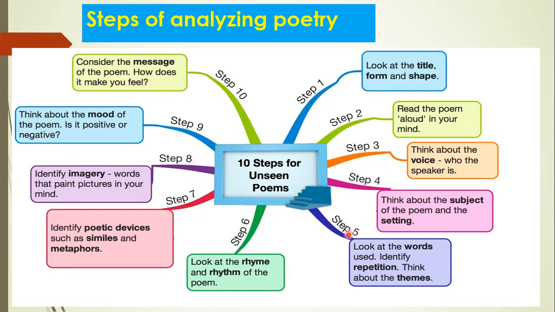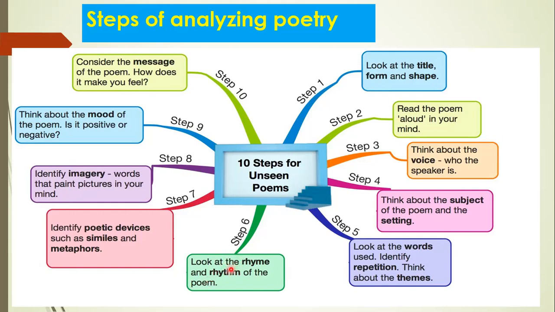Step number five, look at the words used, identify the repetition, think about the themes. So then we look at the words and the repetition, the words repeated inside the poem, the sounds repeated inside the poem. Number six, we need to look at the rhyme and rhythm of the poem.